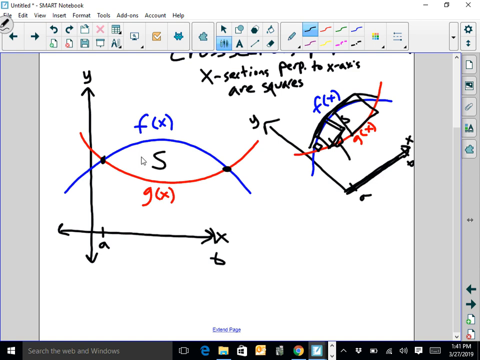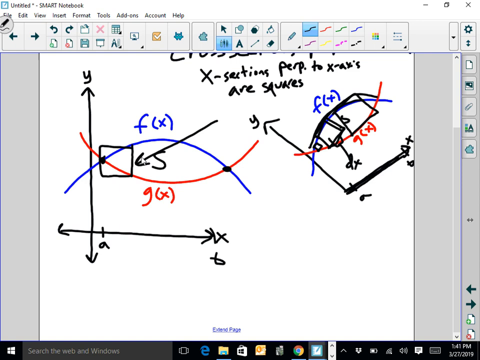For squares, all sides are the same length, so this distance right here is the same distance that it goes up, over, and down. So how do I come up with that distance?